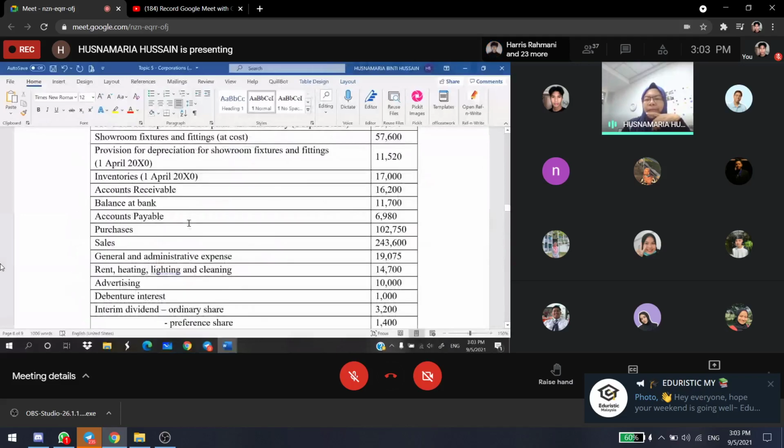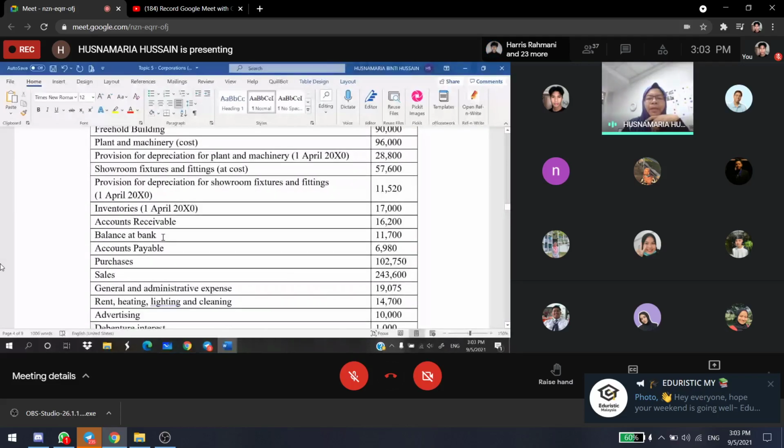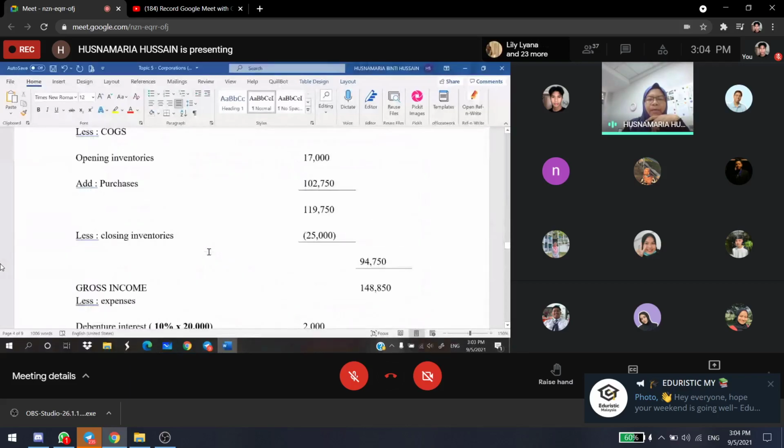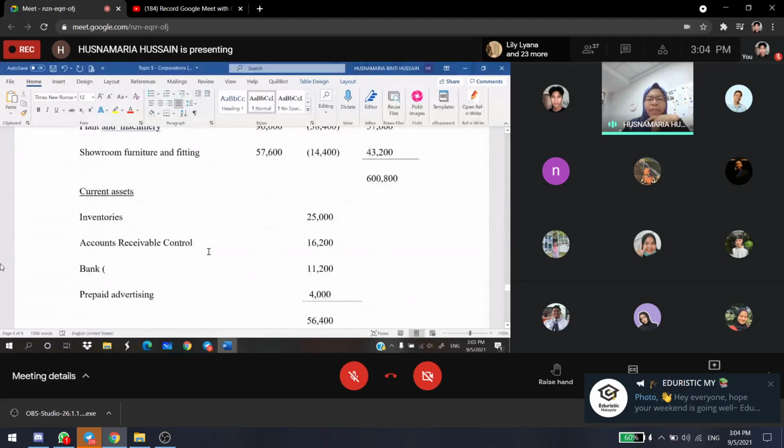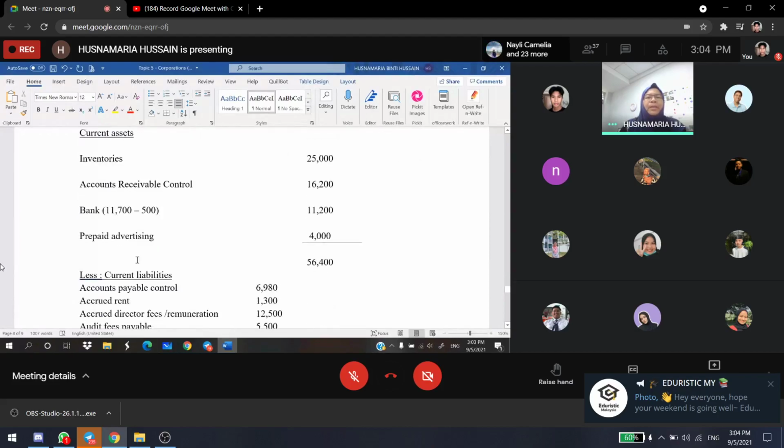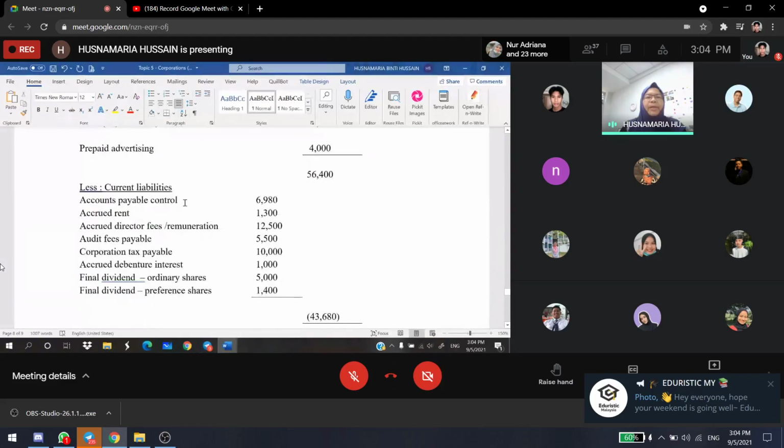Bank, 11,700. Original bank 11,700, but because of the bank charges, remember? We need to credit bank due to the bank charges just now. So that's why the amount is 11,200. Then we have prepaid advertising because we have paid in advance. They haven't done that one.